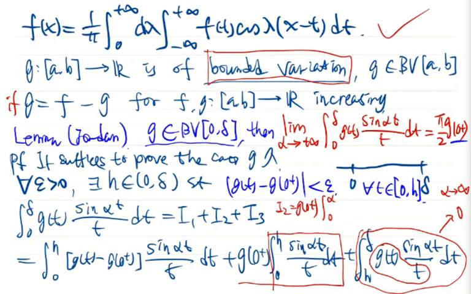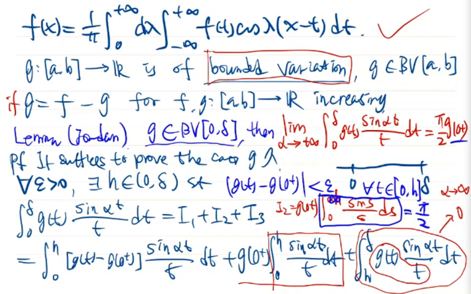Then when alpha goes to infinity, the upper limit of the integral, that is alpha h, goes to infinity. So we know that this integral is half of pi.